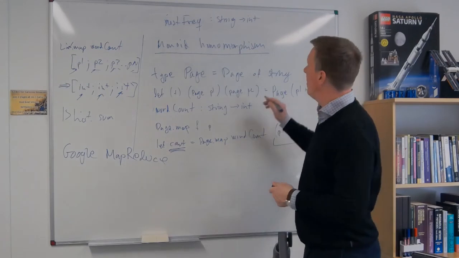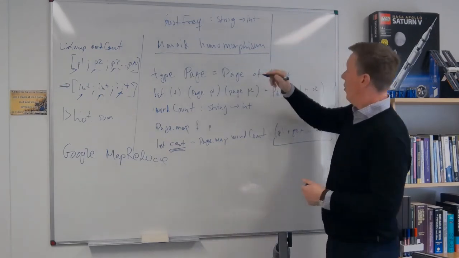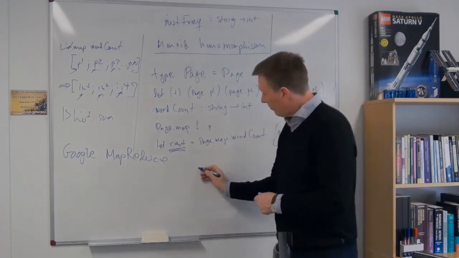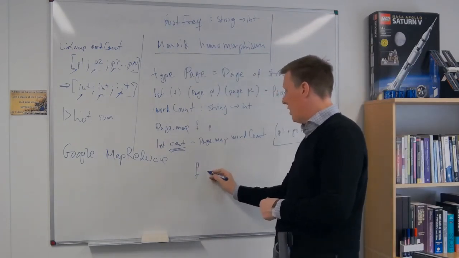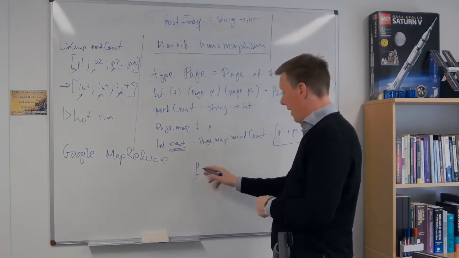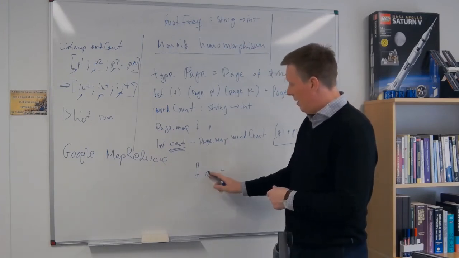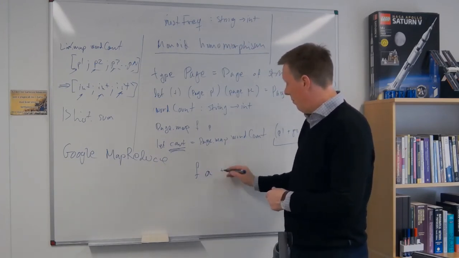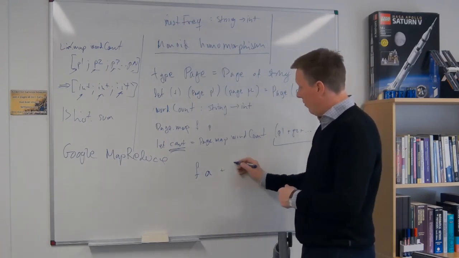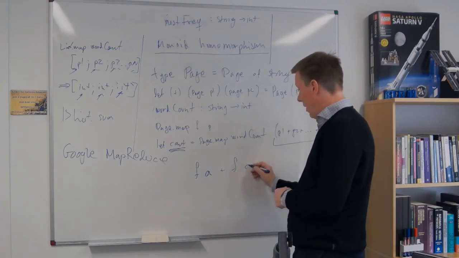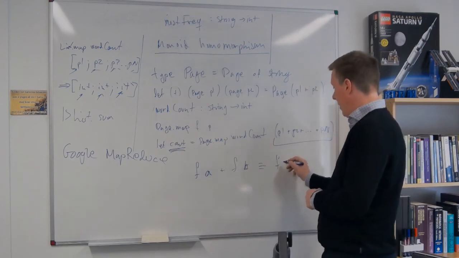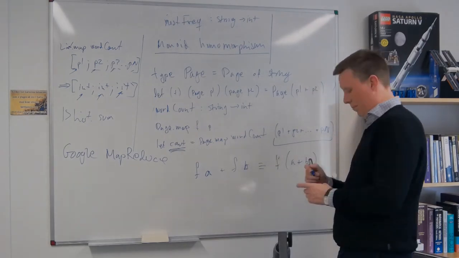And the one thing that you need to be careful with these monoid homomorphisms is that when you have a situation like this, that you have some f of a, plus applying a function to this other monoid, f of b, it must be identical to doing the f on a plus b directly.